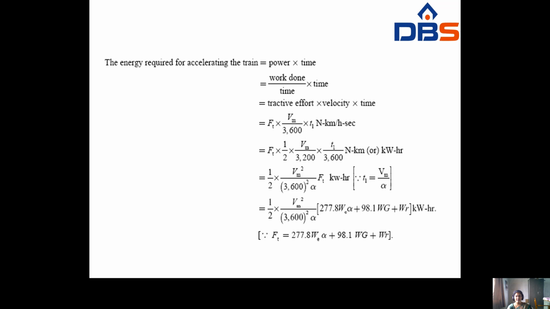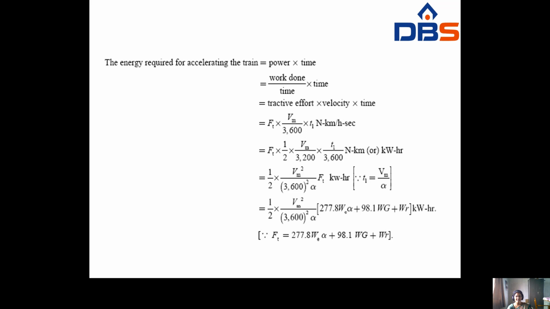So here work done is nothing but tractive effort into velocity into time. The tractive effort is given by Ft, the velocity is written as Vm by 3600, and the time period is T1.